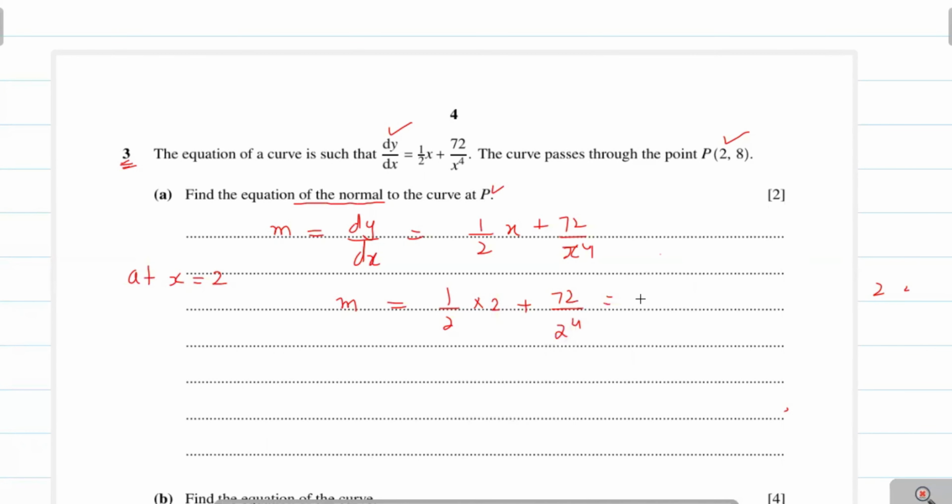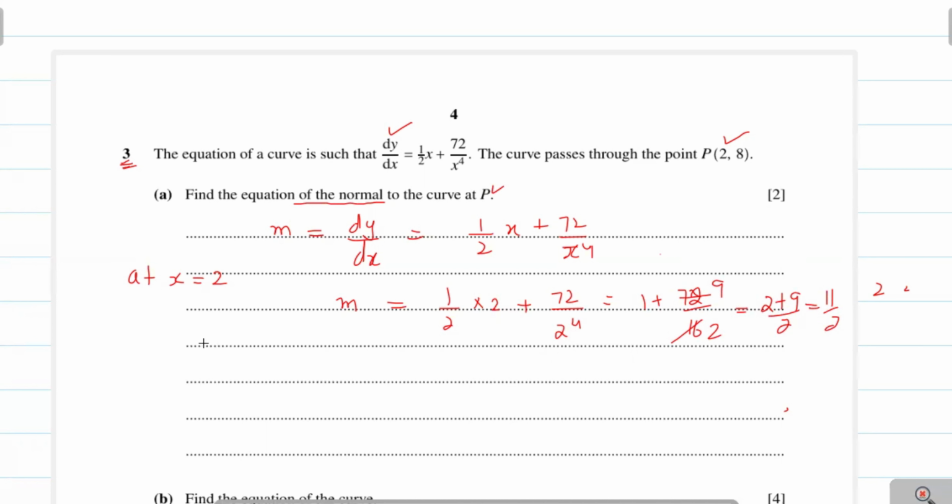Now this value will be equal to 1 plus 72 over 16 and we can write 8 times 2 is 16, 8 times 9 is 72. Now we can write it as 2 plus 9 over 2 and this will be equal to 11 over 2.